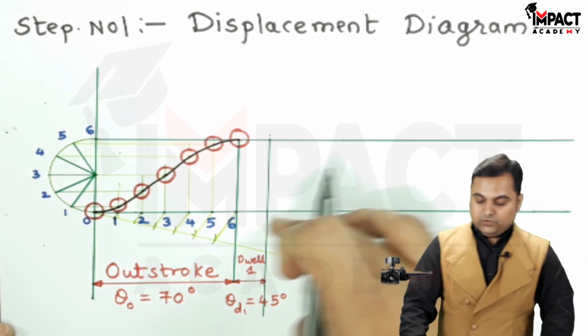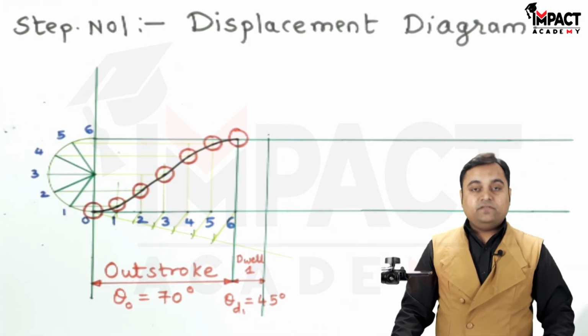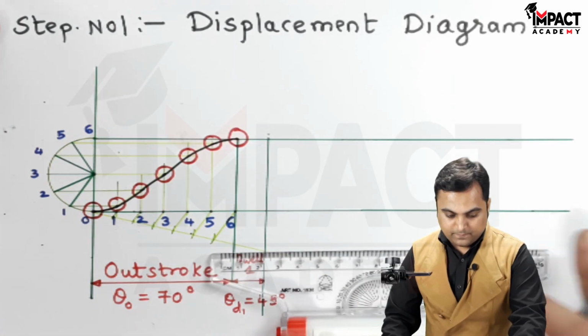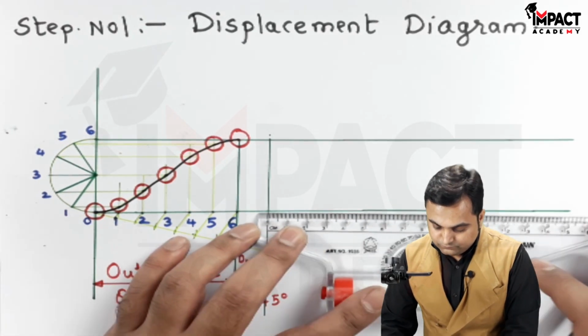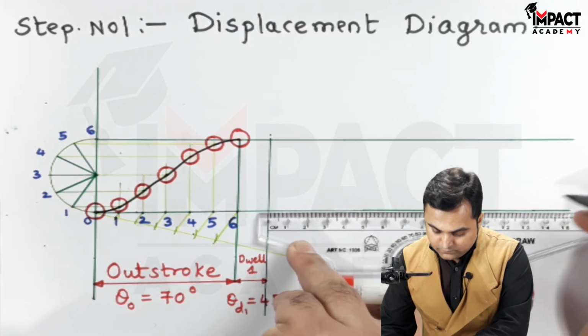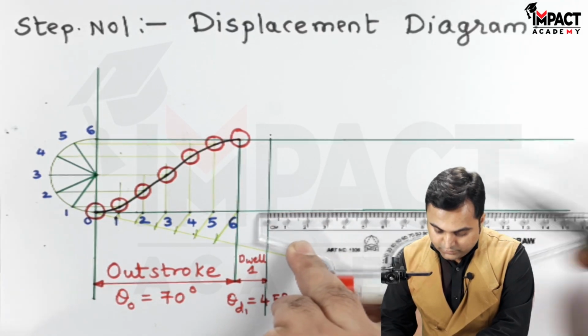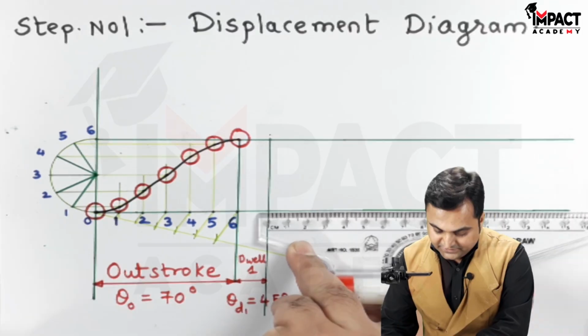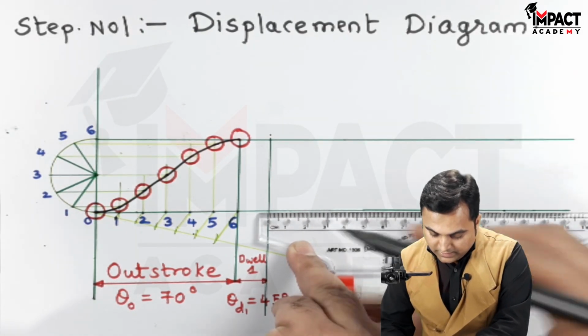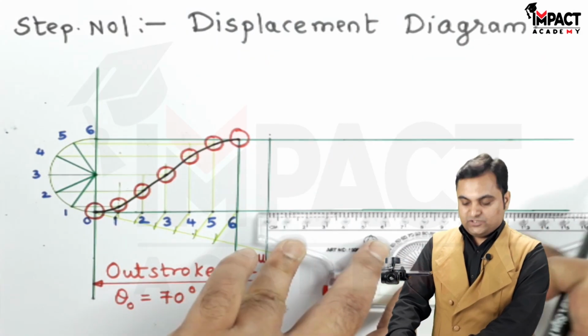Then after that we have the return stroke, and that is given as 120 degrees. So I am plotting here. Taking 1 centimeter as 10 degree, I am getting 120 degree as 12 centimeter.